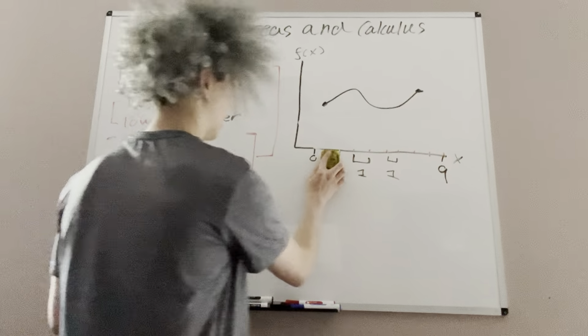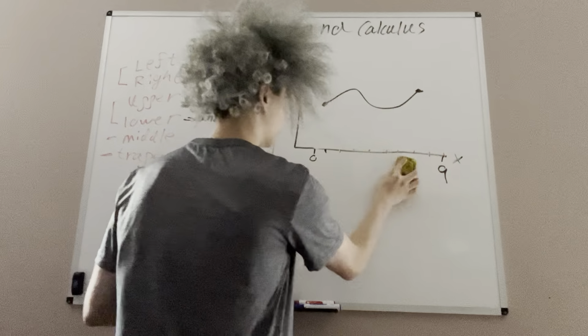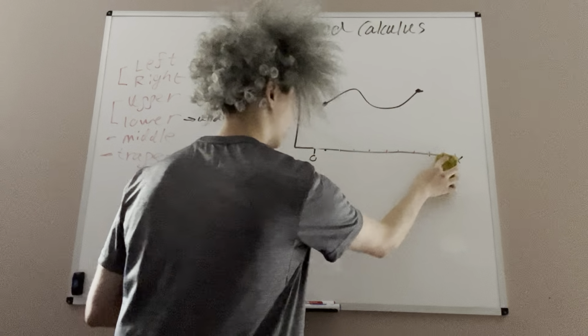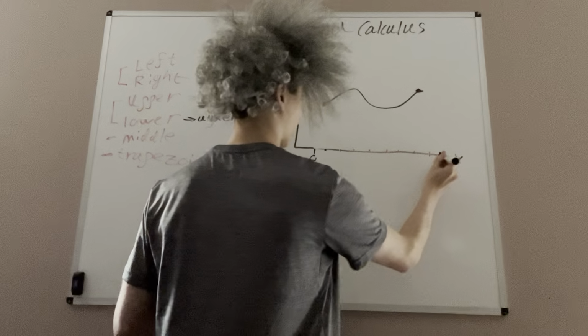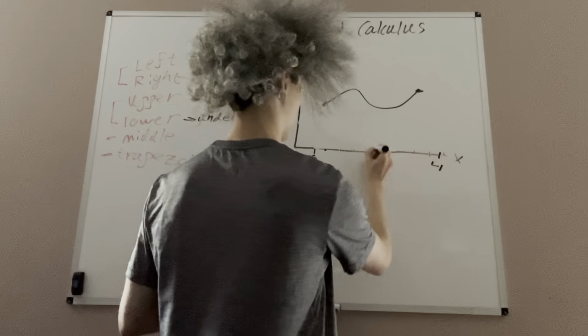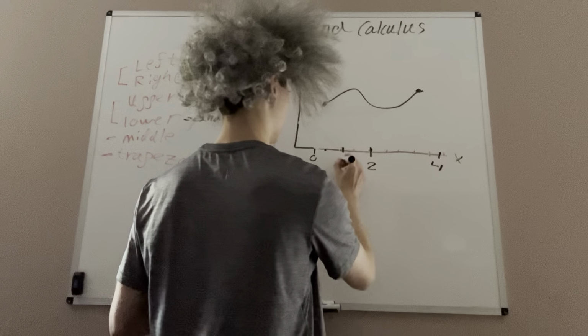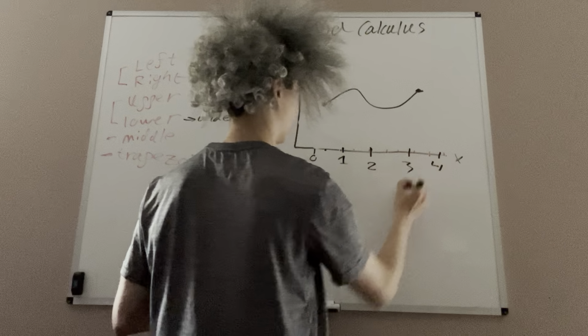So let's say we have an interval, actually 0 to, I don't know, let's say 4 this time, right? It's going to be where 2 would be at, and this would be 1 and 3, right about there, right?